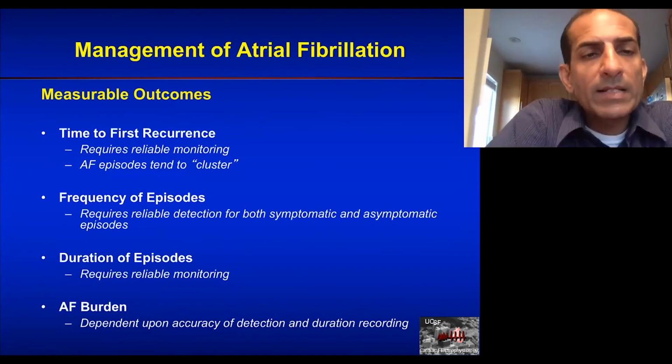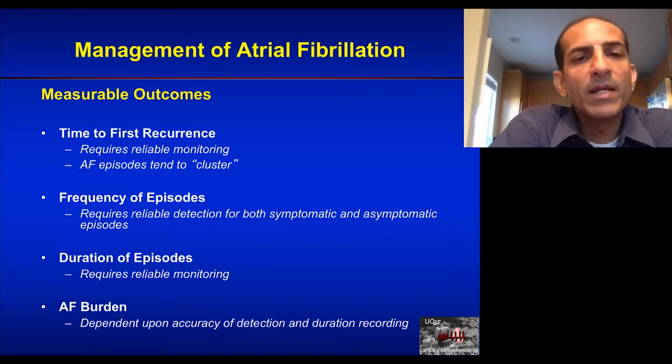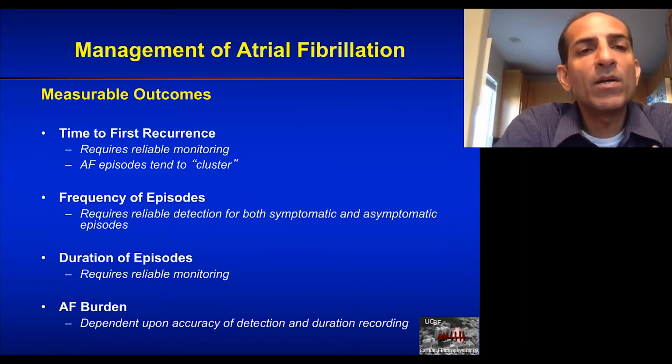Now, how do we assess the success of drug therapy? The problem is that atrial fibrillation is, as I told you, more of a systemic disease. So it's not a localized rhythm control problem. And so it's very hard to cure it or completely eradicate it. So in some patients, the success of atrial fibrillation therapy is actually decreasing the burden of atrial fibrillation.